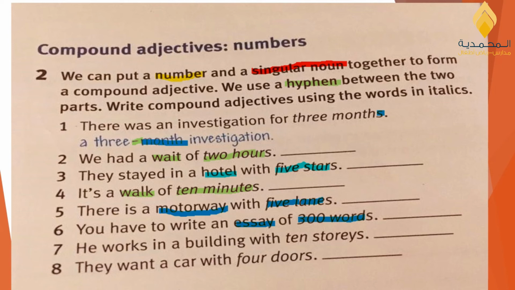It's going to be a 10-story building. Story means here level. Finally, we have they want a car with 4 doors. So the car is going to be a 4-door car. This is all for the activity. You will find the answers written on the next slide.